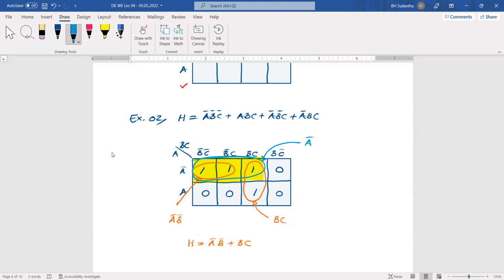Because of that, the naming for this one is the problem. Yes, sir. Then we can't do it. So when you make groups, you can try sizes 2, 4, 8, 16 like that.